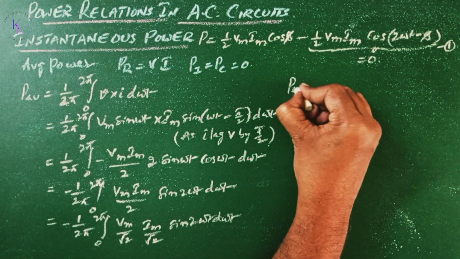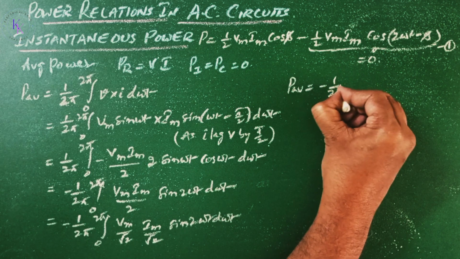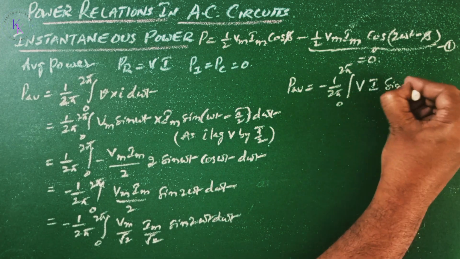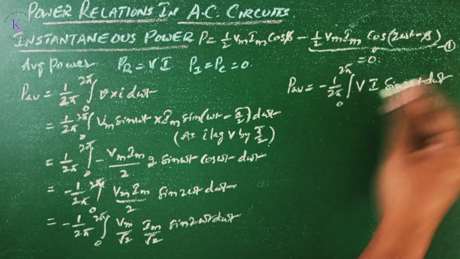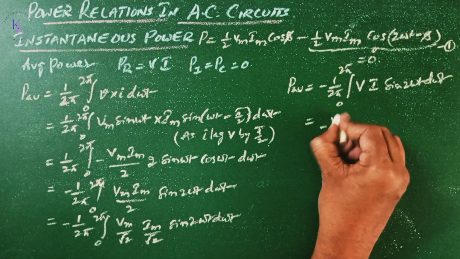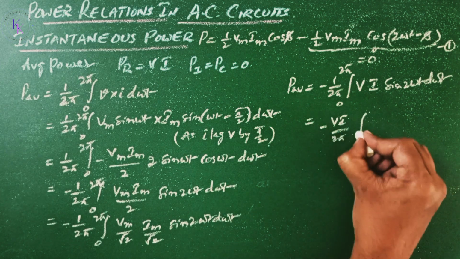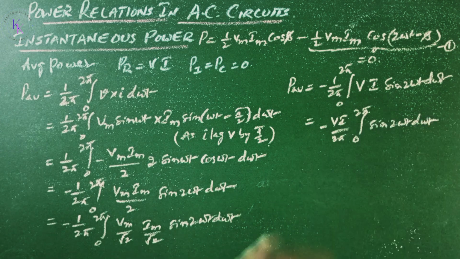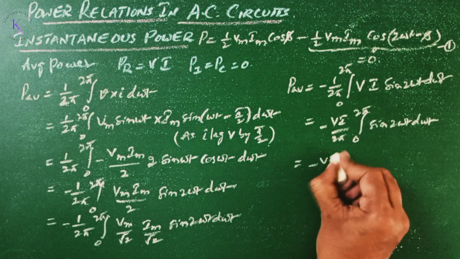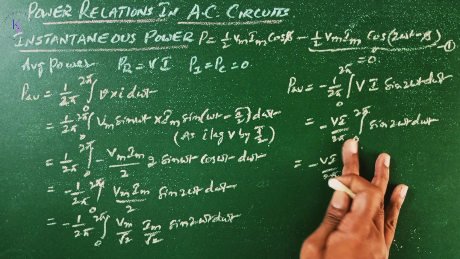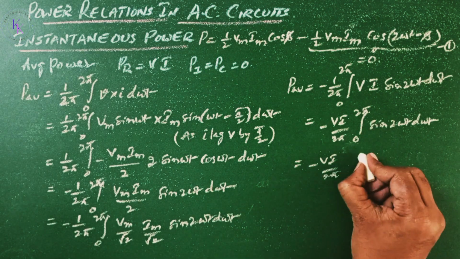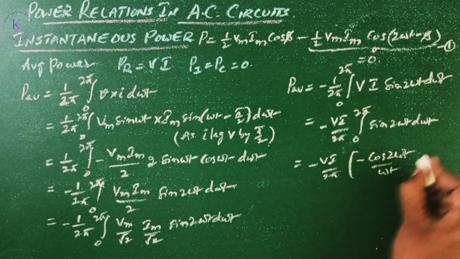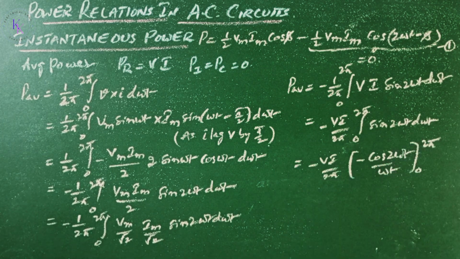So P average equals minus 1 by 2 pi integral 0 to 2 pi of VI sin 2 omega t d omega t, that equals minus VI by 2 pi integral 0 to 2 pi of sin 2 omega t d omega t. Now the integral of sin 2 theta is given by minus cos 2 omega t divided by 2, between the limits 0 and 2 pi.